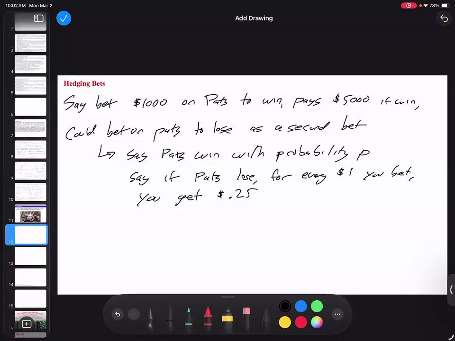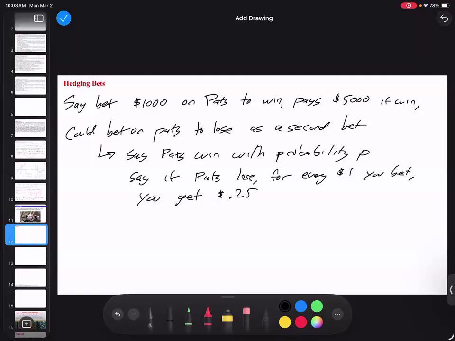So if you want to try to maximize your expected return, I need to know the probability the Patriots win. The lower the probability the Patriots will win, the more I want to put down a bet on the Patriots to lose. If the Patriots' probability of winning is 100%, do I want to put down a secondary bet? No. If the Patriots are going to win, it's stupid to bet against them.